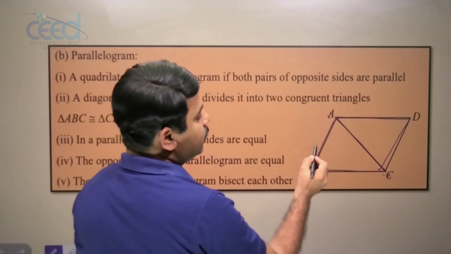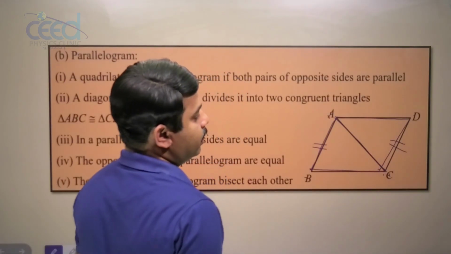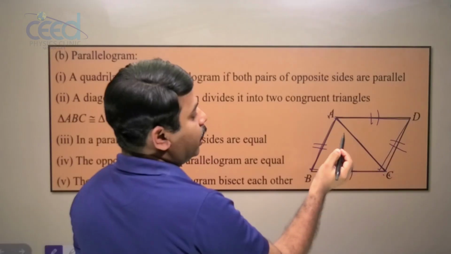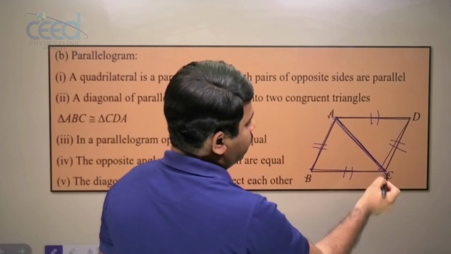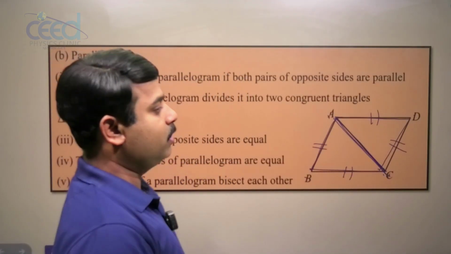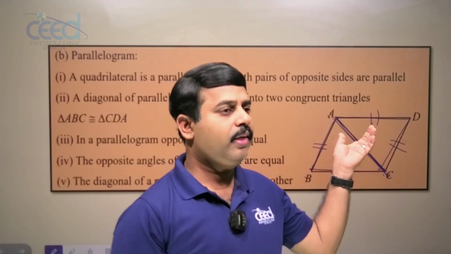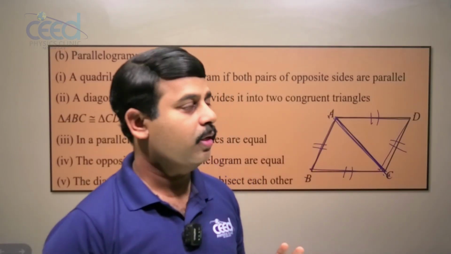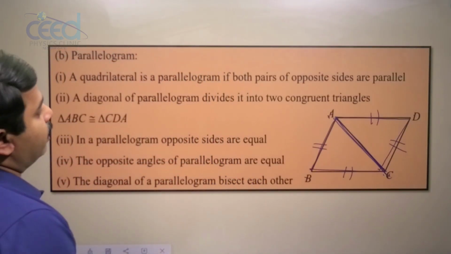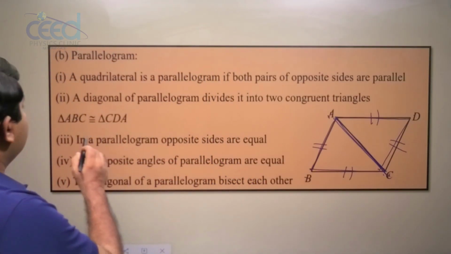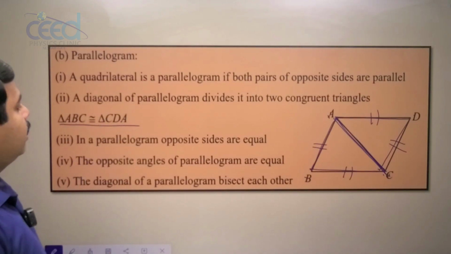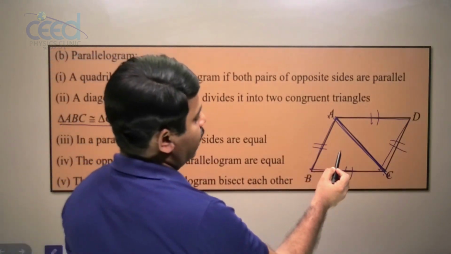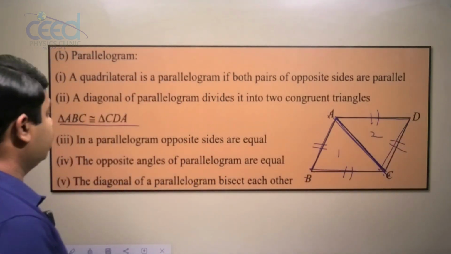This side is equal to this side, and this side is equal to this side. This is common to both. Now by the SSS criterion, these two triangles are congruent: triangle ABC is congruent to triangle CDA.